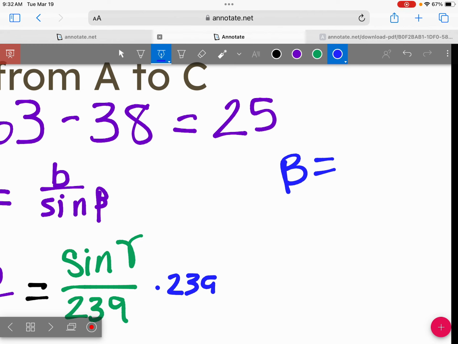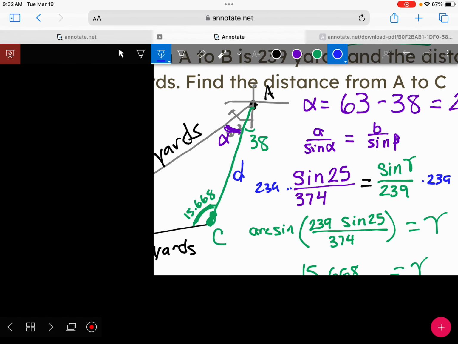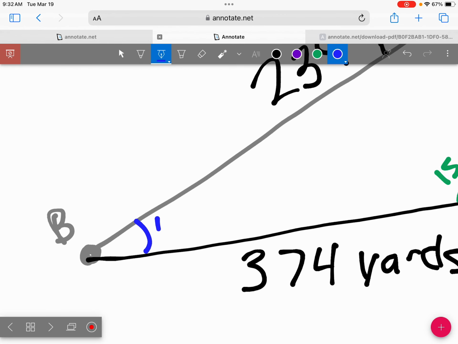So what is the measurement of beta? Yeah, 139.312. So this guy, doesn't it look like 139 degrees? It's okay, we're getting it there.